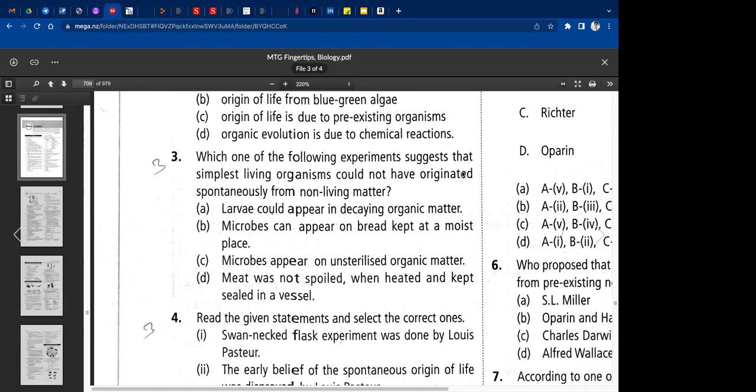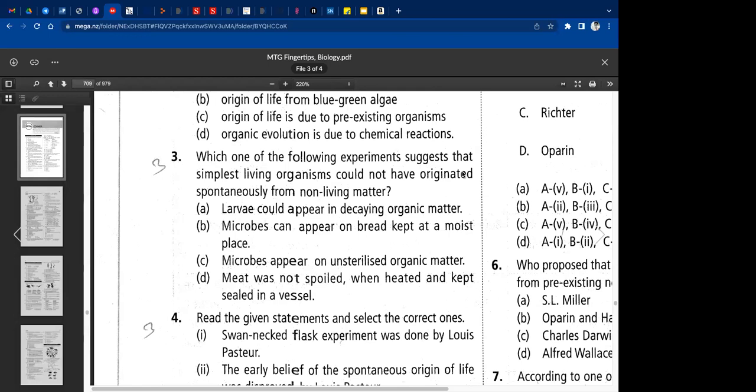So people started thinking that flies just appear there whenever they find decaying organic matter. The experiment that was done to disprove that: if life can originate spontaneously, then if I heat a meat, which is a dead tissue, whatever spores were already deposited or got deposited from the environment will be killed.